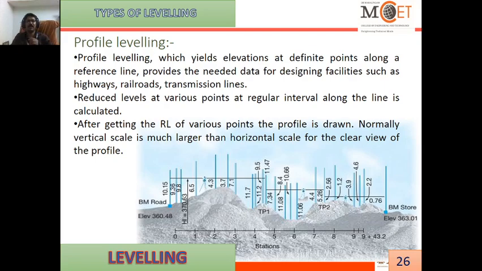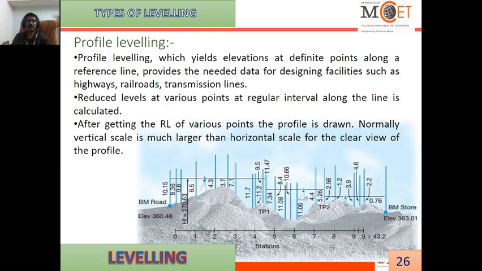This is mainly used in highway construction, railroads and transmission lines, where we decide whether we need to cut, fill or level. All of this is decided by profile leveling, which yields elevation at definite points along a reference line and provides the data needed for designing facilities such as highways, railroads and transmission lines.